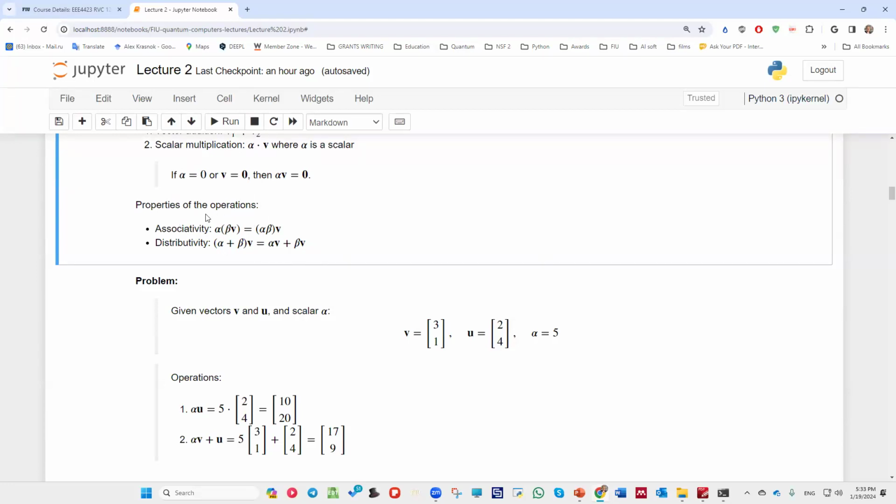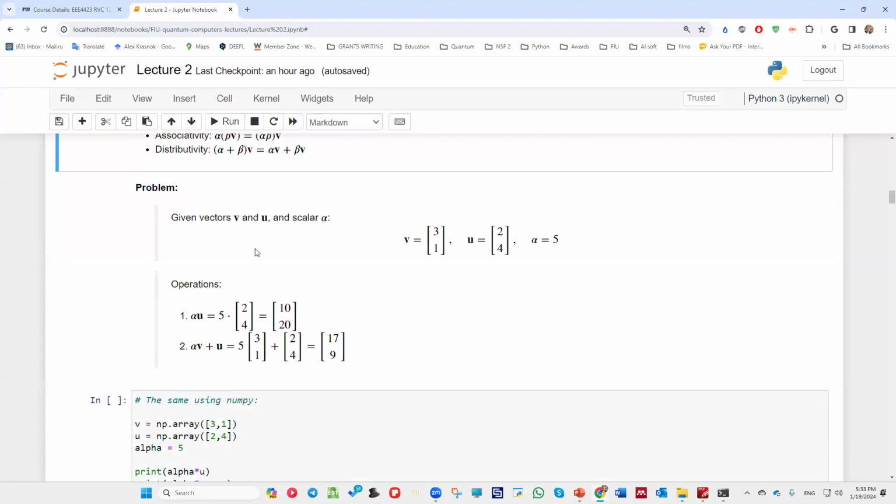Here are some properties of these operations, including associativity and distributivity. This is pretty straightforward, right? As an example, let us consider two vectors v and u, and the scalar alpha.